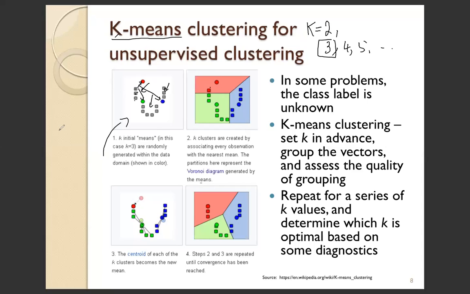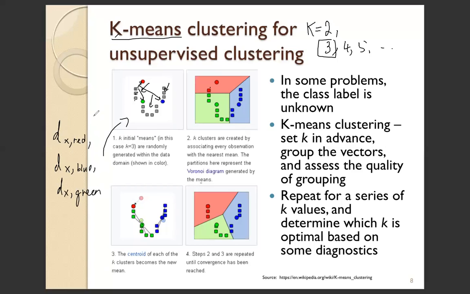So you have a distance of x to, let's say, the red, and then the distance of x to blue, and then the distance of x to green. So you have these 3 distances.